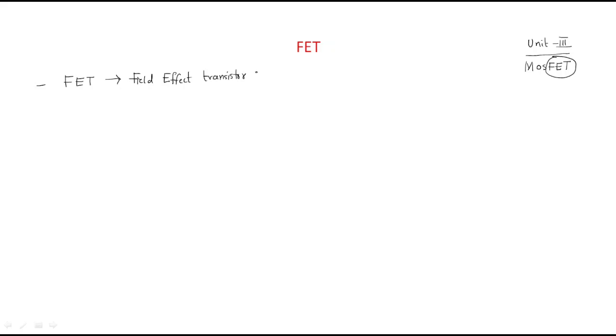What is the meaning of field effect transistor? It means the output current is controlled by the input voltage.